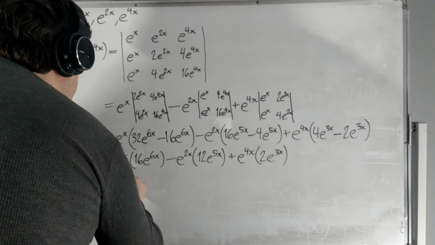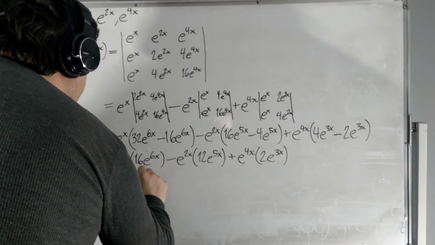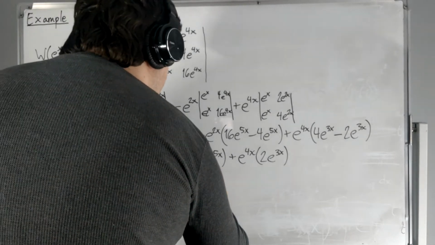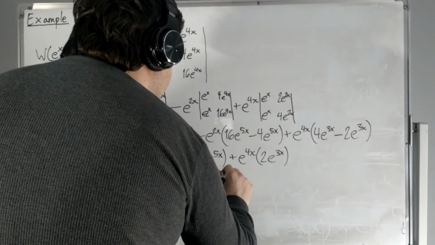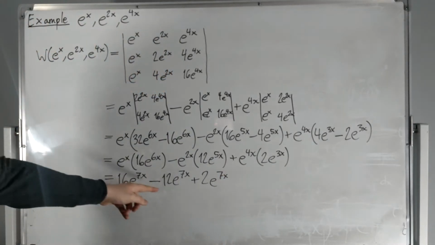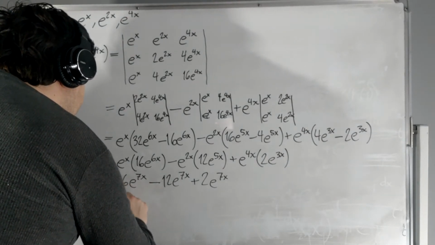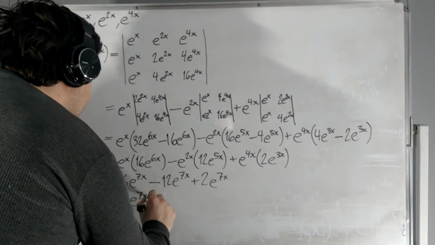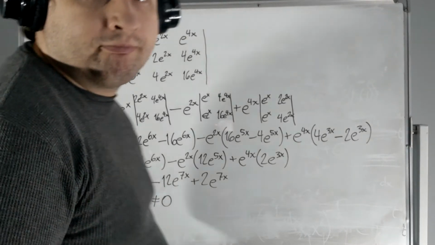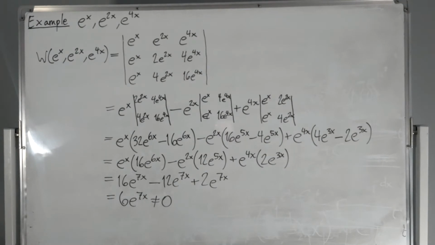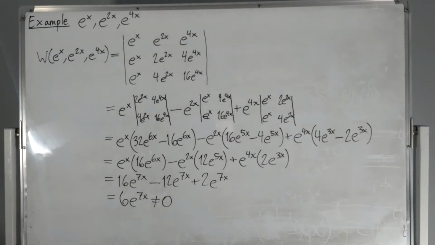Then this becomes 16e to the 7x minus 12e to the 7x plus 2e to the 7x. 16 minus 12 plus 2 is just 6, so this is 6e to the 7x, which is not constantly 0. And so what that tells us is that these three functions form a linearly independent sequence of functions, because the Wronskian is not constantly 0.